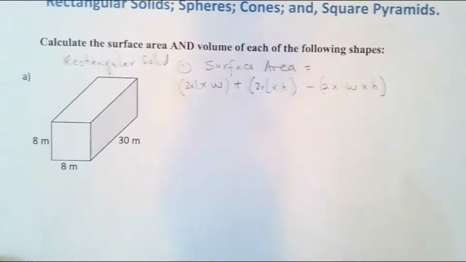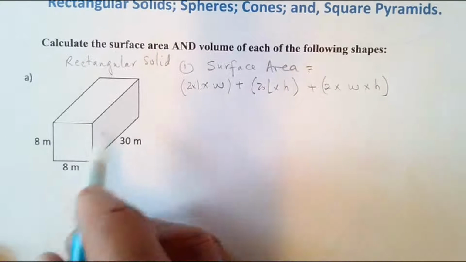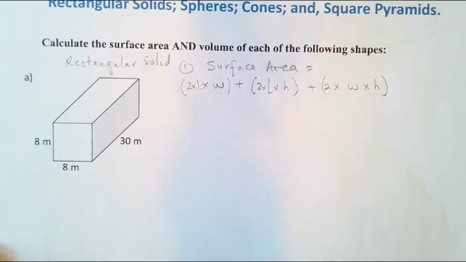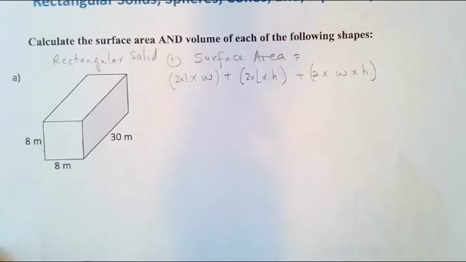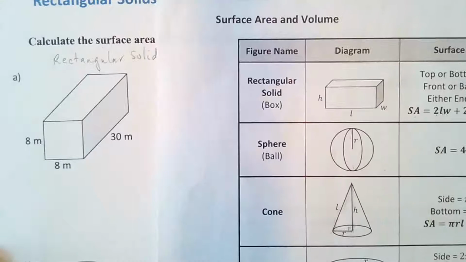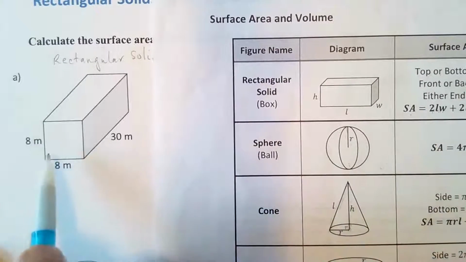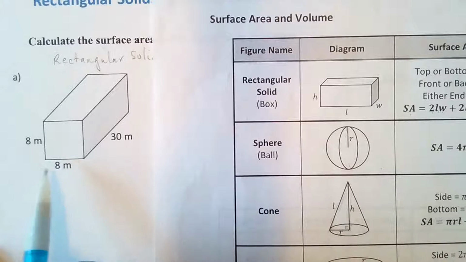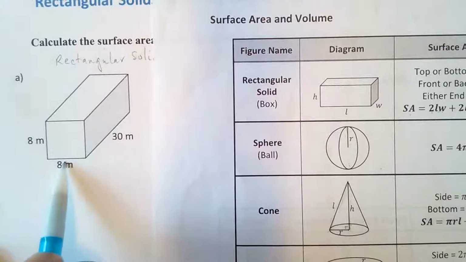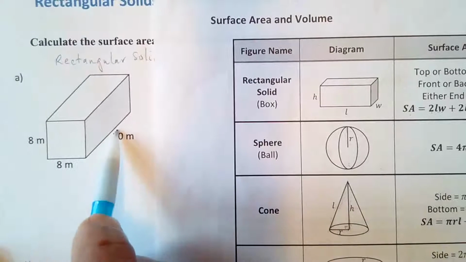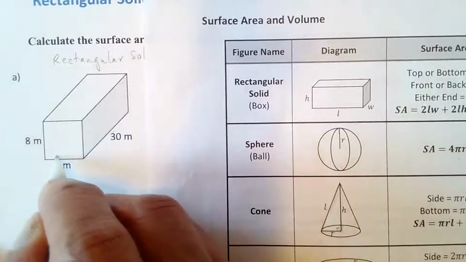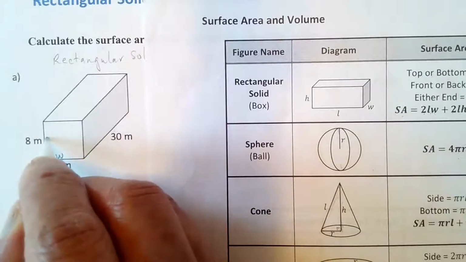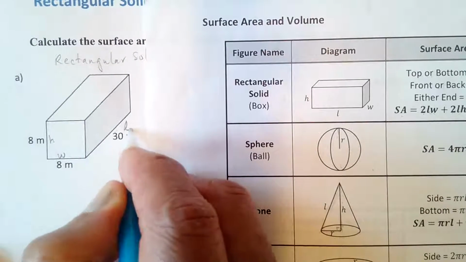The next step I like to do is to label the diagram. If you look back to your formula sheet, you can find what's the width, what's the height, and what's the length. Here's your width, this is your height, and this is your length.